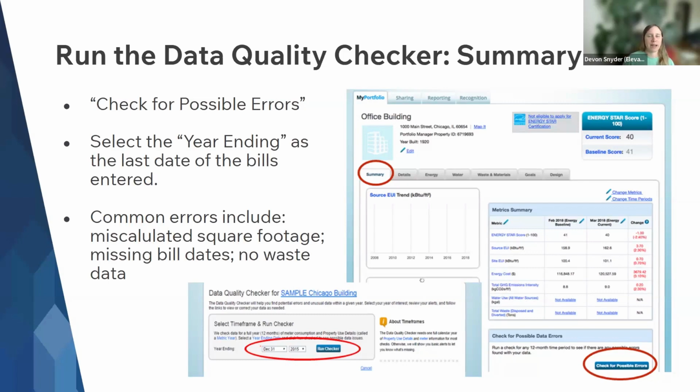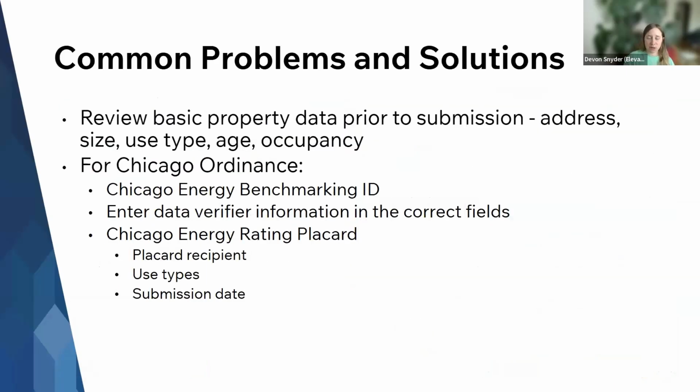Those are usually just to remind you if you wanted to enter that information in, but most municipalities are specifically looking at energy benchmarking and don't require waste or water. So just make sure you know what's required of you, but that will be flagged. But everything that's flagged doesn't necessarily mean it's an error that you must correct in order to meet compliance with your municipality. Next slide.